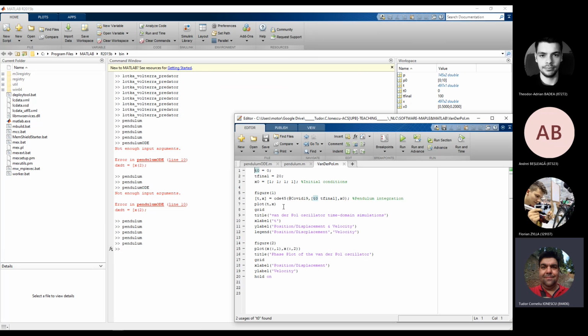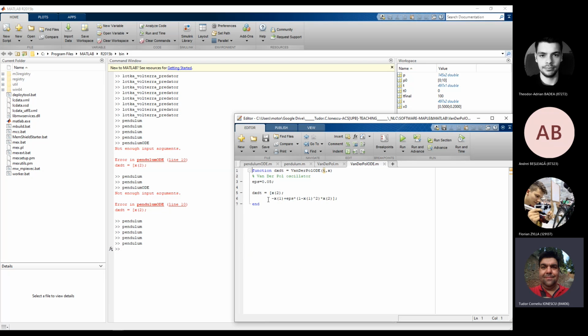Let's show the differential equation. We have this epsilon coefficient, which is usually less than 1, and these are the equations. If you look closely, this is a merely polynomial equation. There is no sine involved. Keep that in mind.